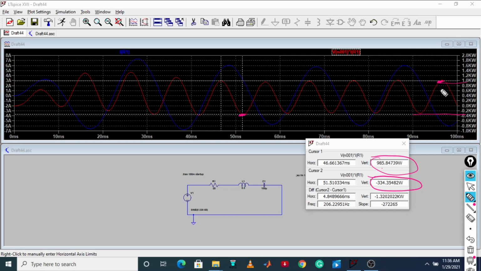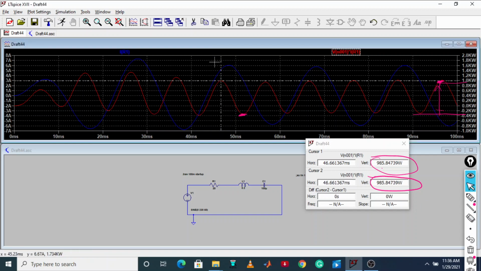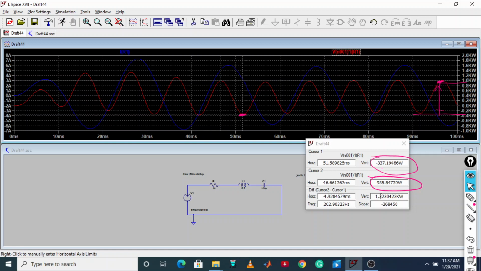If you want to take peak to peak, the simulator calculates cursor 2 minus cursor 1. If I put cursor 1 over here and cursor 2 over here, it will calculate the positive value. Now see, it has taken the positive value.